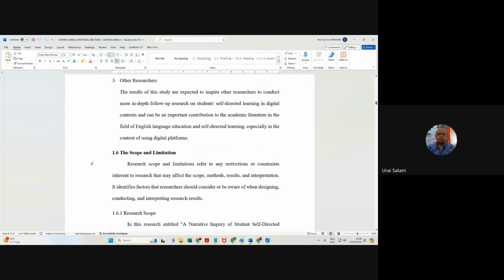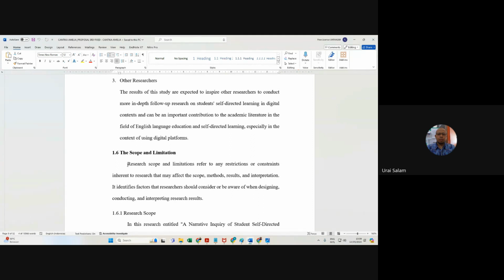Actually, you can talk about the scope of research, but in this section you need to explain what will be included and what will be excluded in your investigation. Like what I said at the beginning, your investigation only focuses on activities that involve technology, and activities that are not required by teachers.